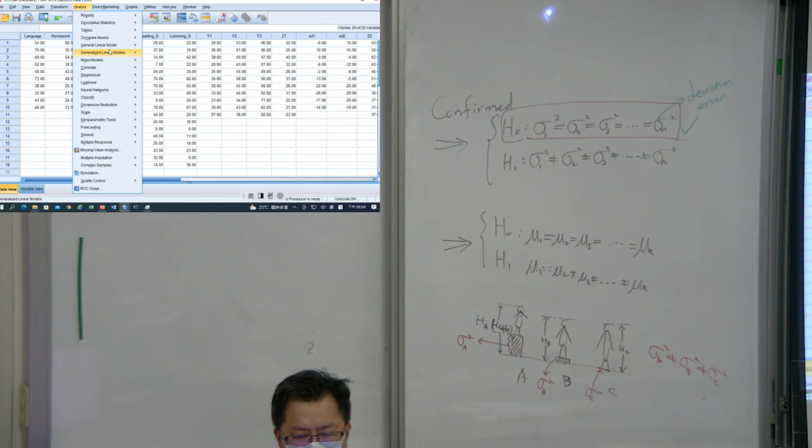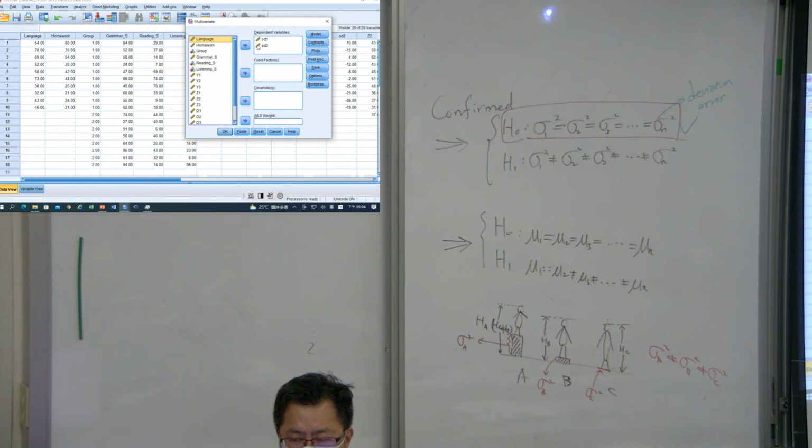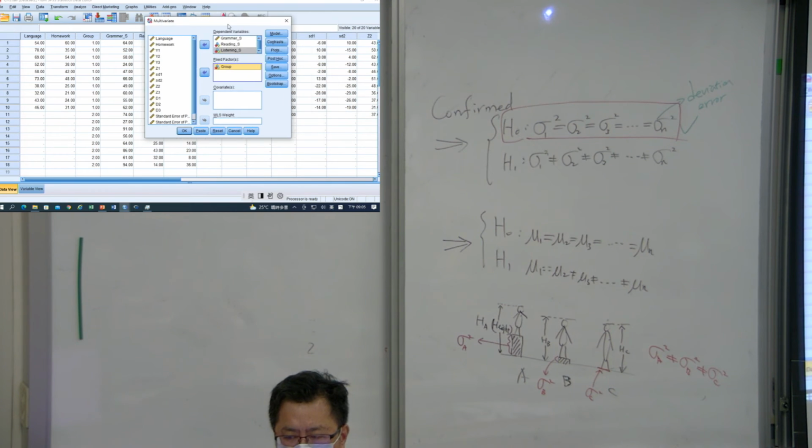Yeah, multi-value, right? Why multi? Because there are 3, Y1, Y2, Y3. Y1 is grammar, Y2 is the reading ability, Y3 is the listening comprehension. So put this back. Grammar, reading, listening, and the fixed factor is the independent variable, the group. Okay.